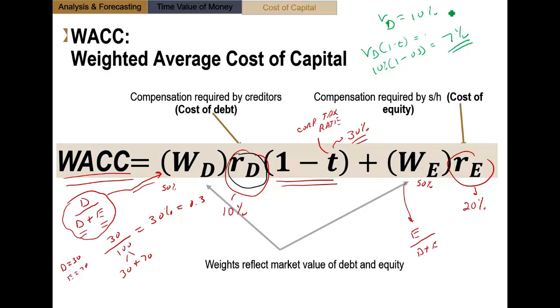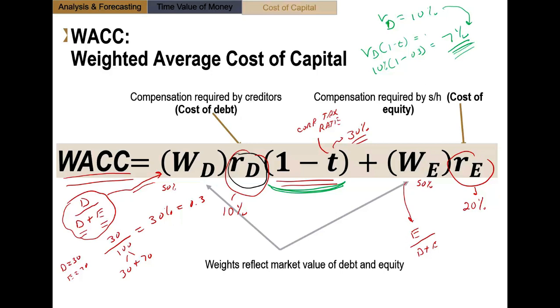What we're saying is that even though your nominal cost of debt is 10%, because those interest payments that you're going to pay on that debt are going to save you in the form of taxes, then ultimately you really end up paying an effective cost of debt of only 7%. So this 1 minus T that you see here is a recognition that there's a tax shield that exists in many countries.